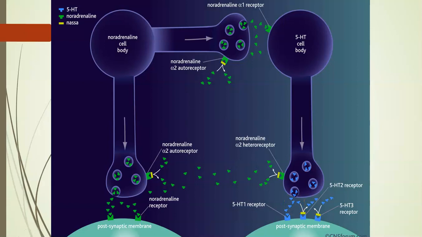So the difference between autoreceptor and heteroreceptor is that autoreceptors are only regulated by neurotransmitters released by their own neuron, while a heteroreceptor can be regulated by the neurotransmitters released from its own neuron as well as a neighboring neuron that releases another type of monoamine transmitter like noradrenaline, right? So I hope that's clear.